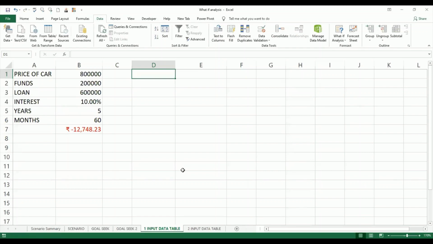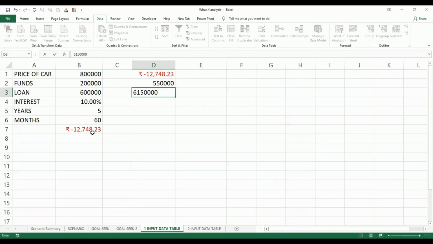So what I will do this time is I will put the EMI value here, and under that EMI value, this time I'm going to put the prices of the cars. कि भाई मैंने एक कार ली, एक कार इतने का मिल रहा है, एक कार इतने का मिल रहा है. एक कार कितने का मिल रहा है.